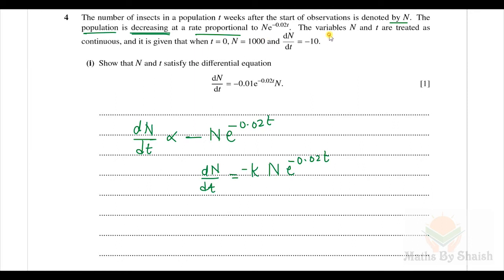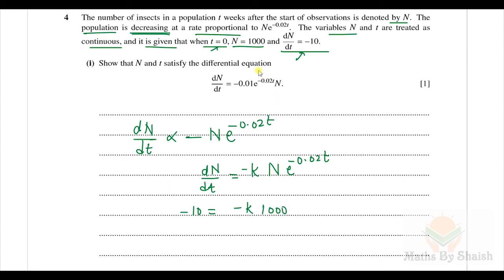The variables n and t are treated as continuous, and it is given that when t is equal to 0, n is equal to 1000, and dn over dt is minus 10. So we get minus 10 is equal to minus k, n is going to be 1000.